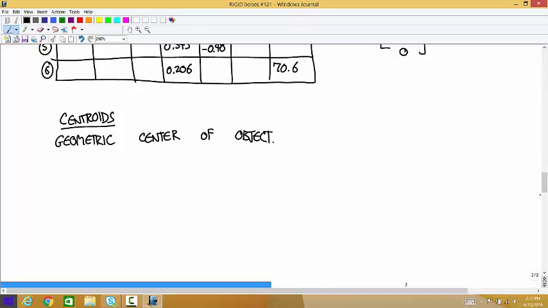And we're going to use centroid calculations for two things. The first is identifying the center of mass of a body.